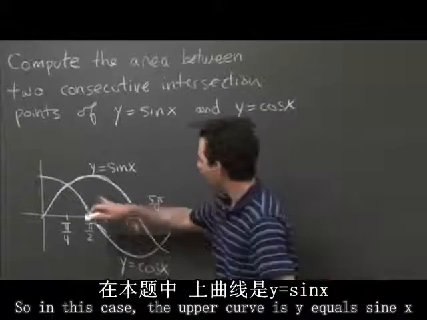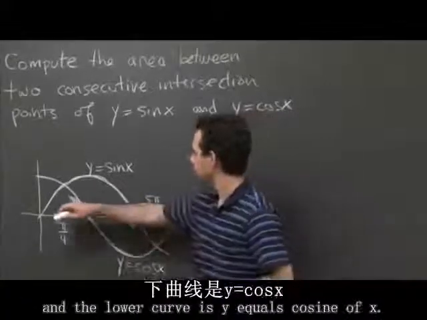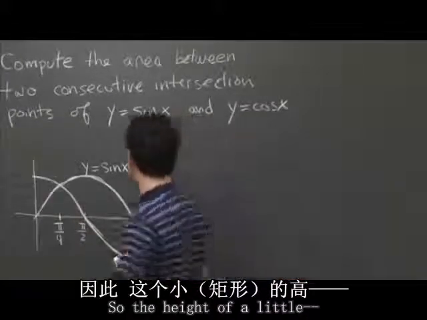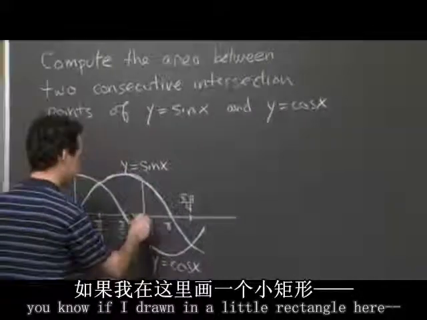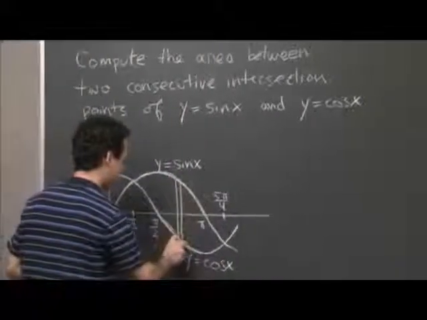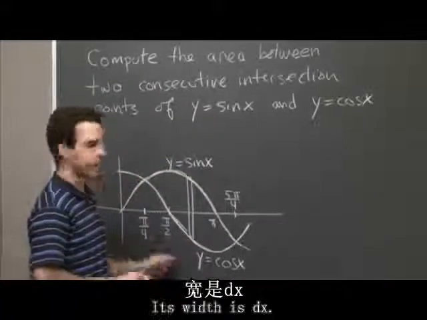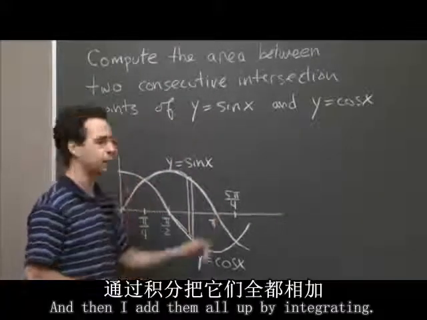In this case, the upper curve is y equals sine x, and the lower curve is y equals cosine x. So if I draw in a little rectangle here, the height of that rectangle is going to be sine x minus cosine x. Its width is dx, and then I add them all up by integrating.